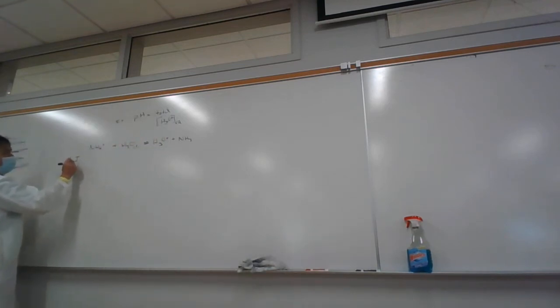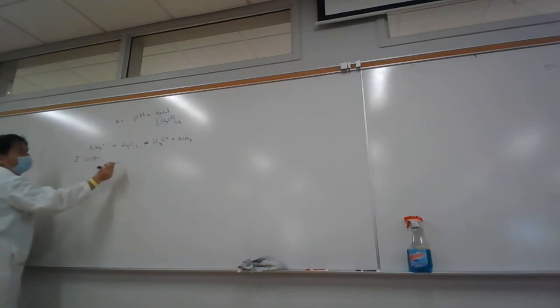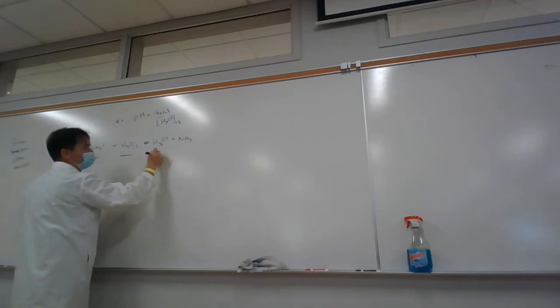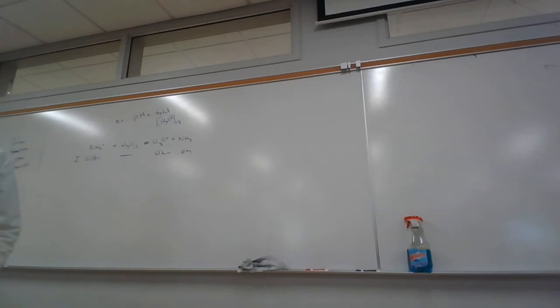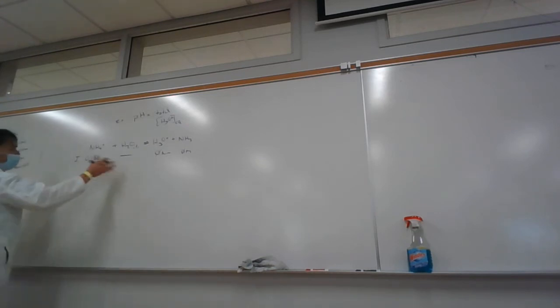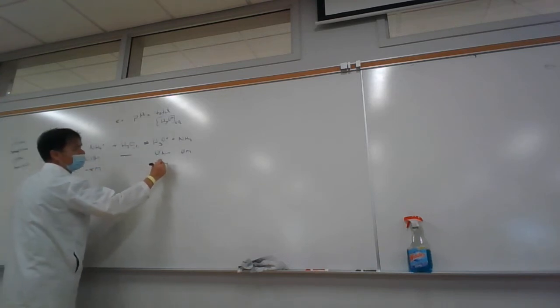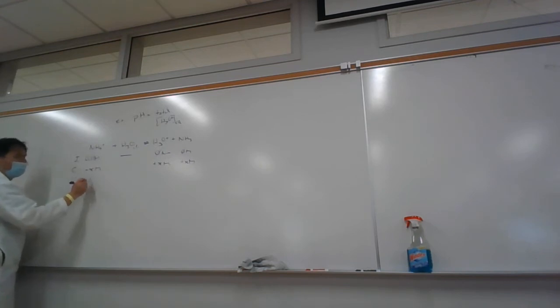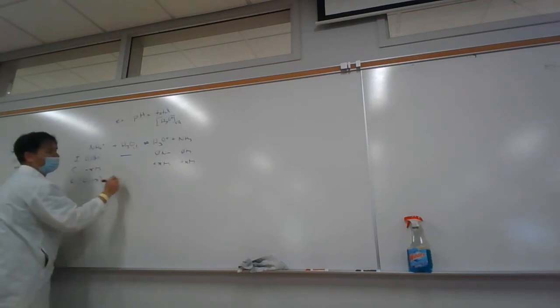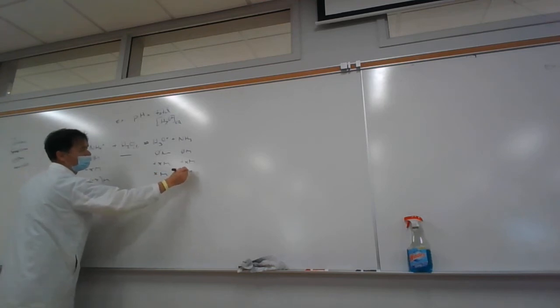The initial was 0.1 molar, and water is a pure liquid, with 0 molar and 0 molar. We started off with 0.1 molar ammonium, but ammonium is a weak acid, and weak acids partially hydrolyze water. It's going to hydrolyze, but I don't know how much, so we call it minus X, plus X, plus X. At equilibrium, I have 0.1 minus X molar, X molar, and X molar.